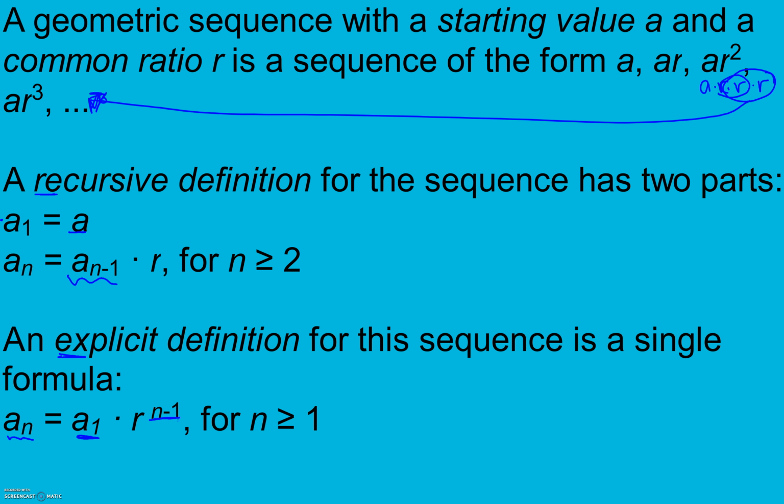If we look up here, our initial term, our first term, didn't have any r values. It wasn't until our second term, our third term, and our fourth term that we had those values. So here we have to subtract 1 to account for that initial start. But just like with arithmetic sequences, for geometric sequences that represent repeated multiplication, the recursive formula and the explicit formula are very similar.